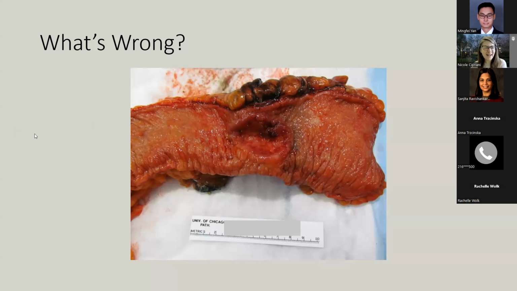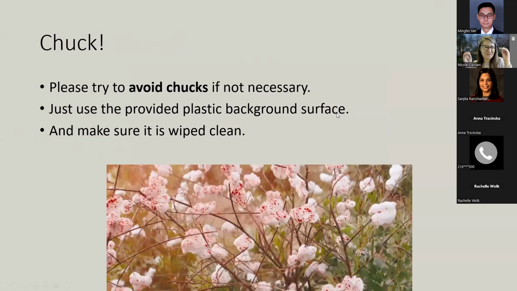Yeah, blood. My beef with this picture was that there's bloody gauze in the background, like a bloody chuck. I had this picture of blood spattered on cotton when I saw this. In our lab, I ask the photographers to avoid those chucks because they create extra dirt in the background that isn't necessary.